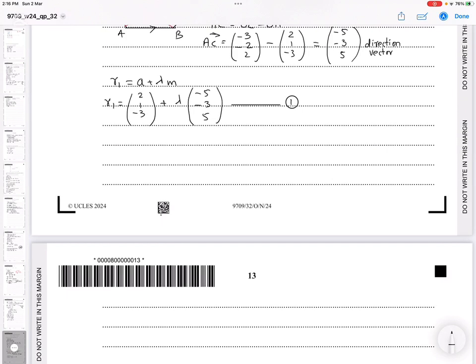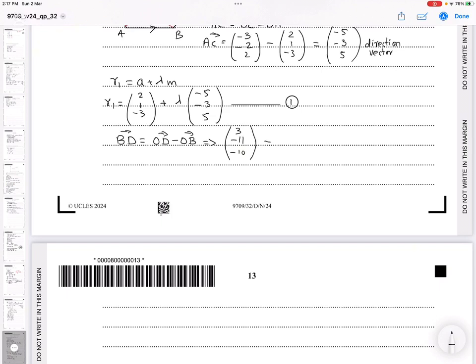Now work with BD, do the same thing as you did for AC. So BD equals OD minus OB, and my OD is 3, minus 11, minus 10.